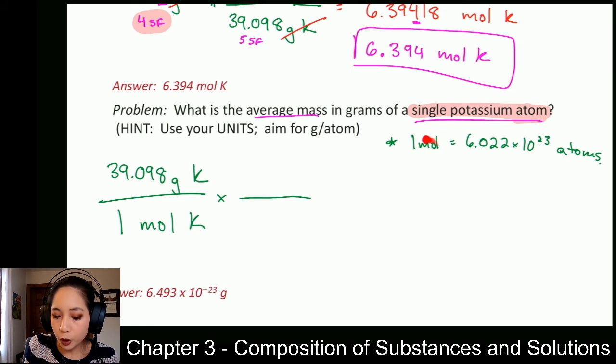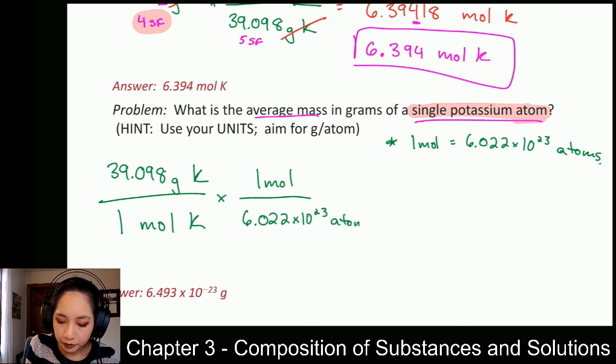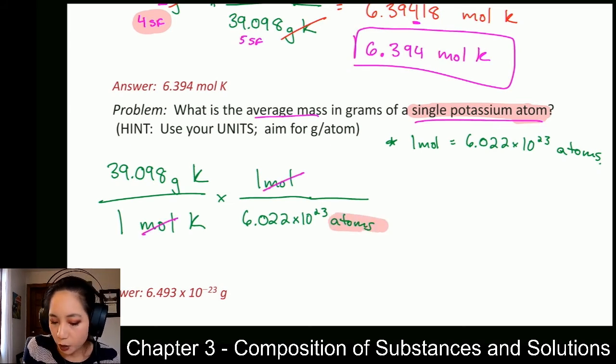So I'm going to put 1 mole up top here, and then 6.022 times 10 to the 23 atoms on the bottom. Doing it this way, you'll see that moles cancel, and then we're left with atoms on the denominator. So in the end, our answer will be in grams per atom, and that was our goal. We want to aim to get to grams per atom, or the average mass of one atom of potassium.